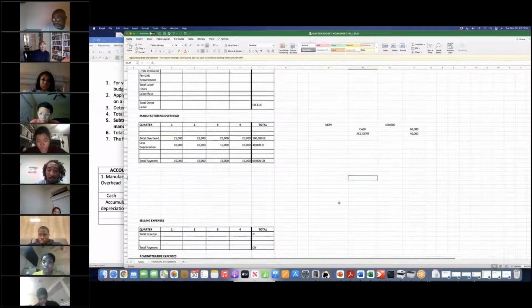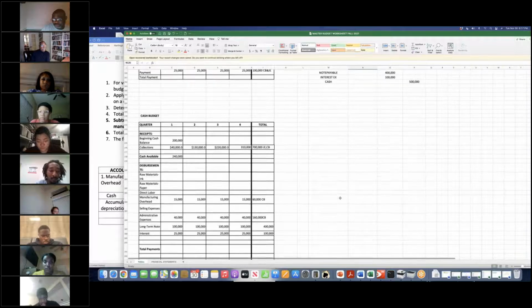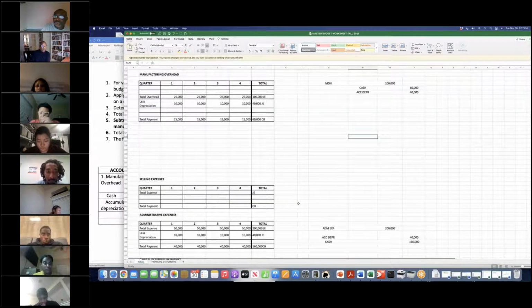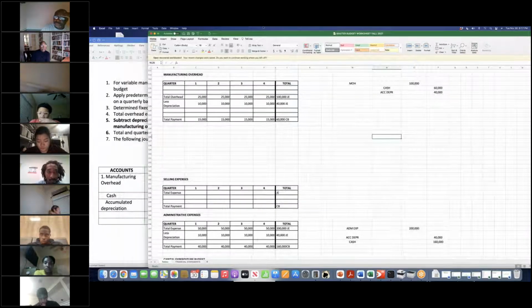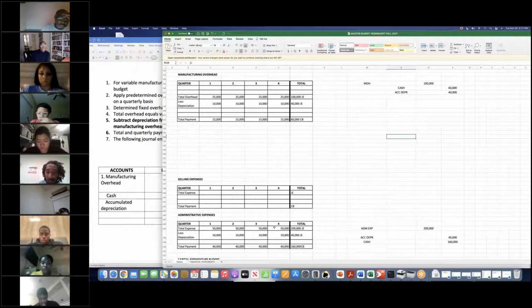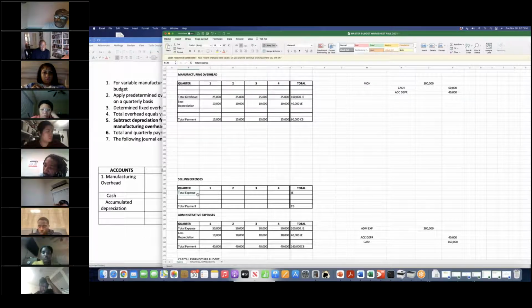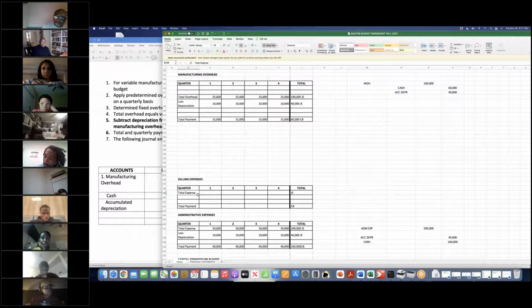So now, did we get this manufacturing overhead put on our cash budget? Manufacturing got that in there. Let's do selling expenses next. So the selling expenses are a percentage of the sales, correct? So why don't I put total sales?